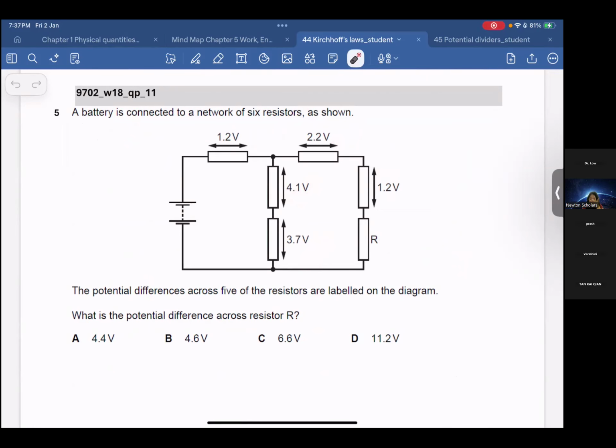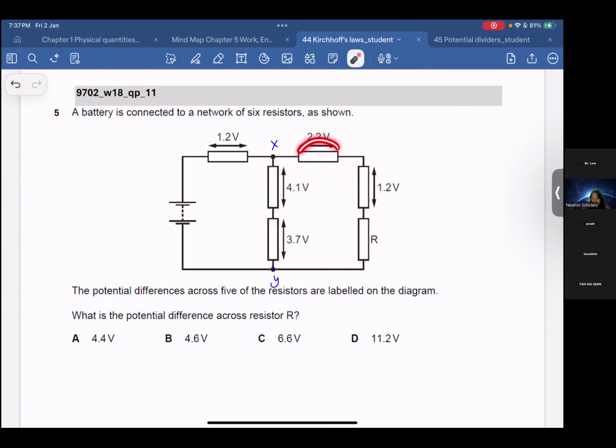So here, very easy. You can use Kirchhoff's second law to solve the question. Here this point and this point, maybe I can label this as point X, this as point Y. Can you see that this part and this part are actually in parallel? Although they drew one of the resistors here, actually they are in parallel.